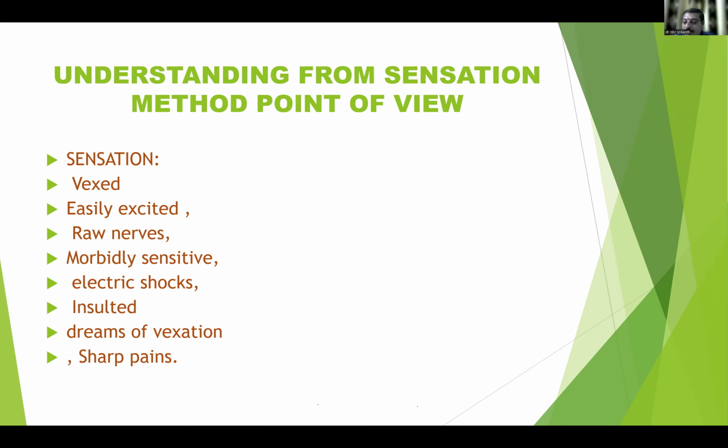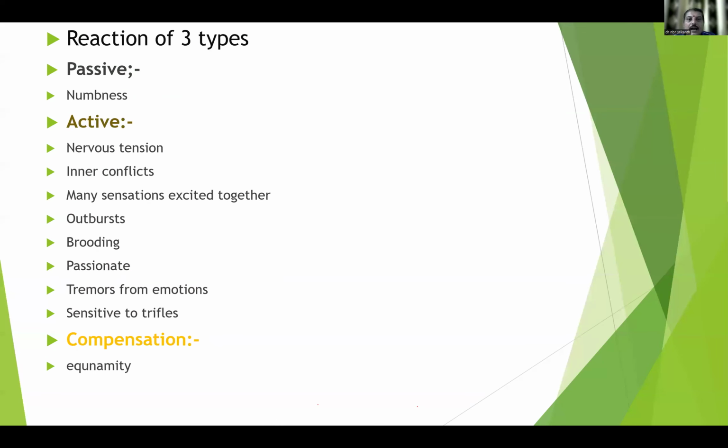Insulted. Dreams of vexation. And the sharp pains. And the reaction is of 3 types. It may be passive, it may be active, it may be compensation. The reaction part is how the person expresses this sensation.